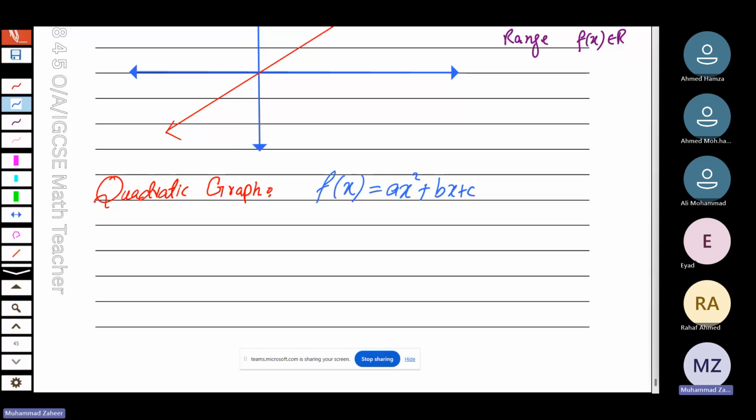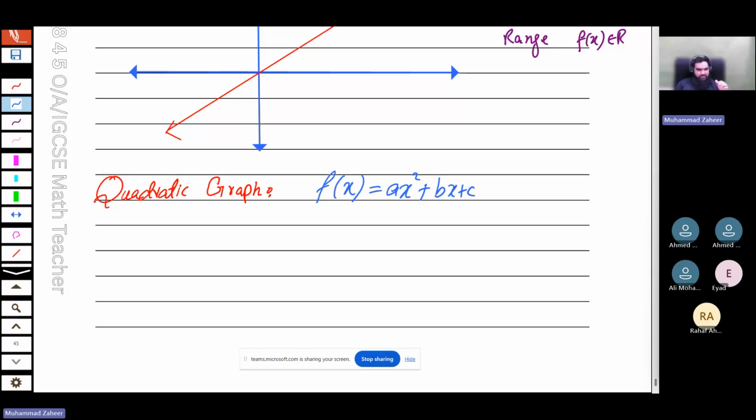Such type of function is known as quadratic, in which in the last class we have discussed the two situations. If you have a coefficient of x squared greater than 0, then the shape of the graph is going to be upright. And this is your turning point. And if the coefficient of x squared is less than 0, meaning you have a negative value like minus 4x squared, then the shape of the graph is going to be upside down.